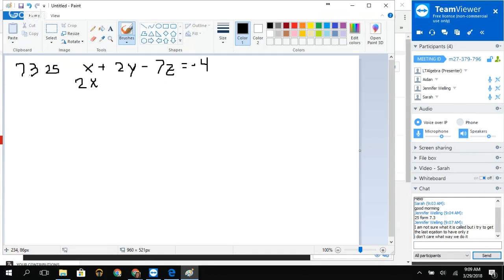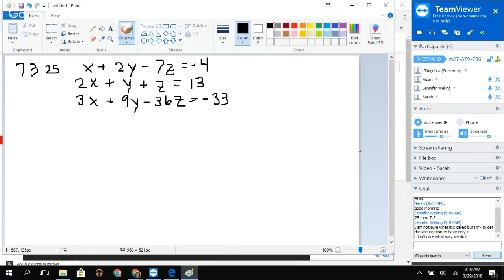That would be bad. 2x plus y plus z equals 13. Okay. And 3x plus 9y minus 36z equals -33.